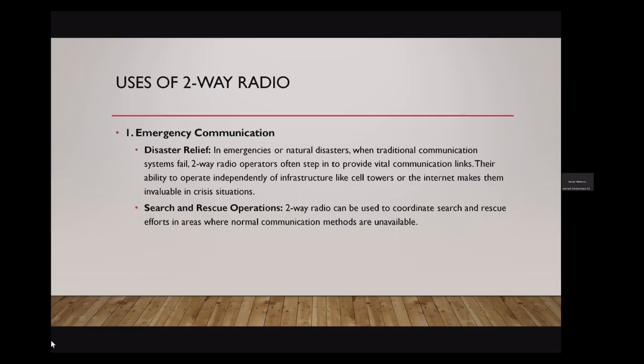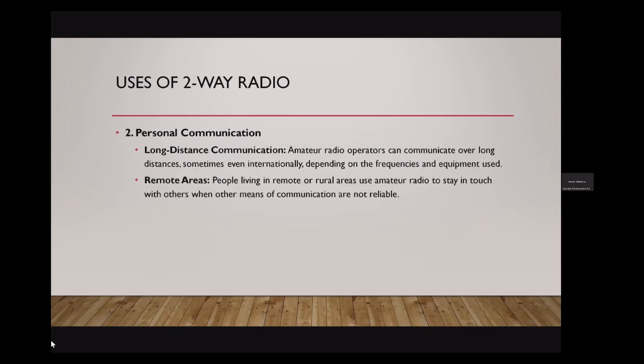Their ability to operate independently of infrastructure like cell towers or the internet makes them invaluable in crisis situations. We also use two-way radios in search and rescue operations. We can use the radios to coordinate search and rescue efforts in areas where normal communication methods are unavailable.